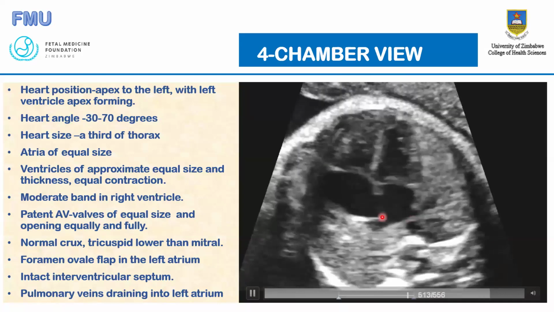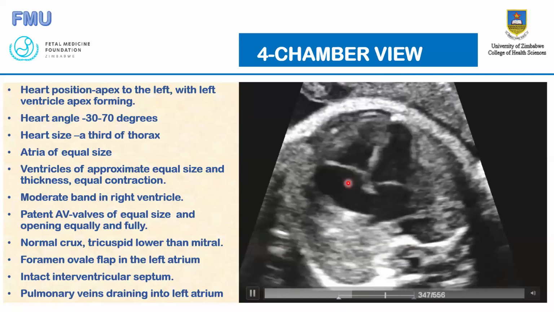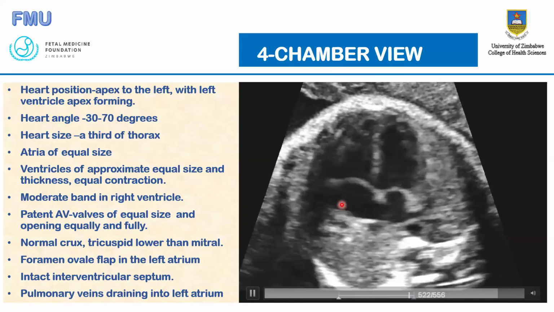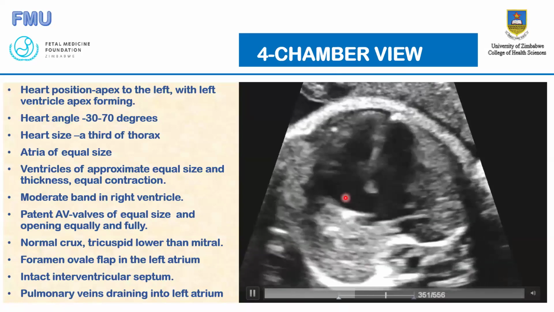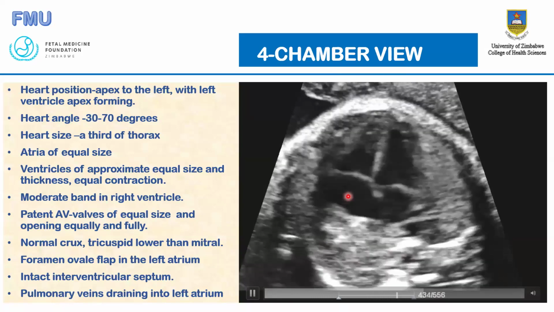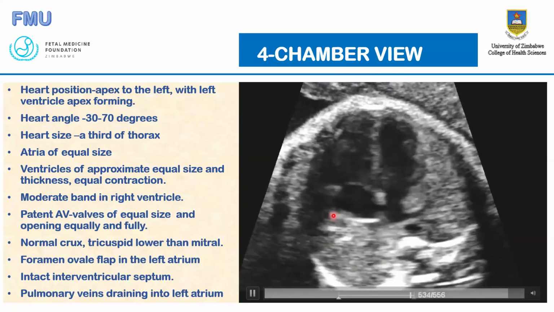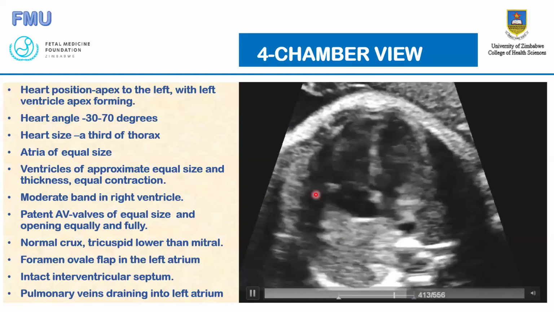The right atria doesn't have any vein that goes into it at the four-chamber view. It doesn't mean it doesn't have veins. Remember, that is where the inferior and the superior vena cava drain into, right? But in the four-chamber view, you do not see any vein. Sometimes you may see the coronary sinus close to it if it is dilated.